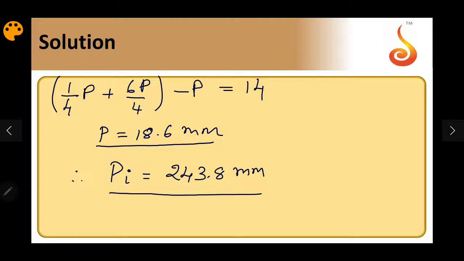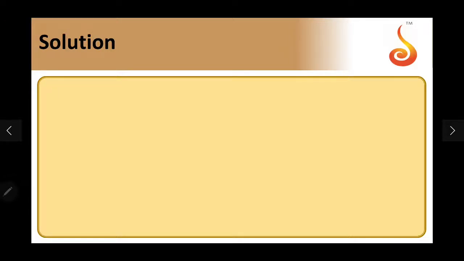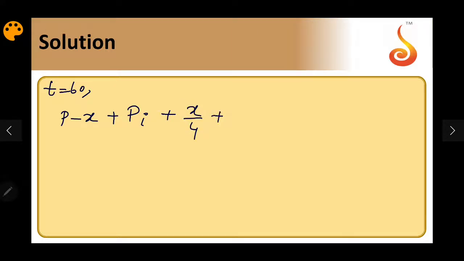Once I get Pi and P, I have to put that in the equation at t is equal to 60. So at t equals 60, what is the total pressure? It is going to be P minus x plus Pi is also there, plus x by 4 plus 6x by 4, that is equal to 272.9.